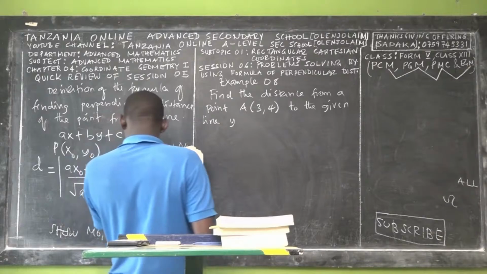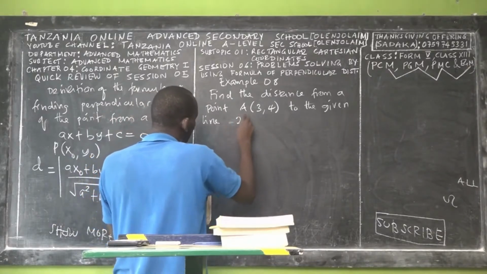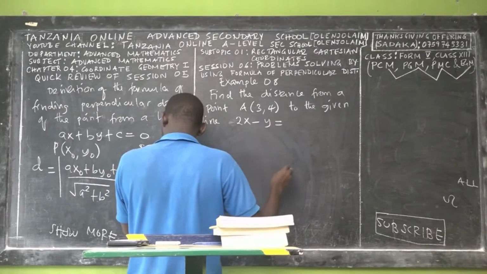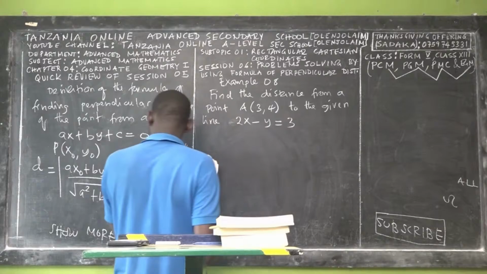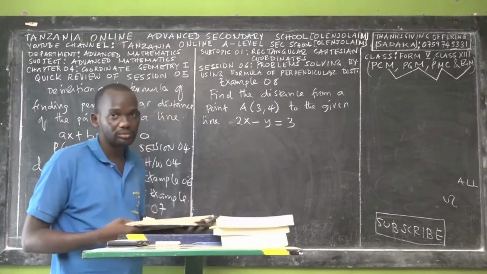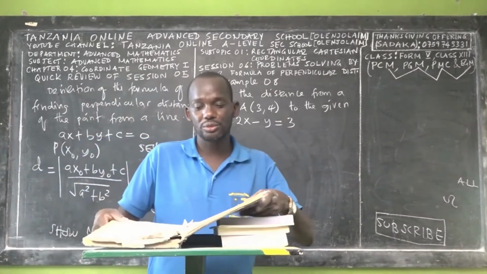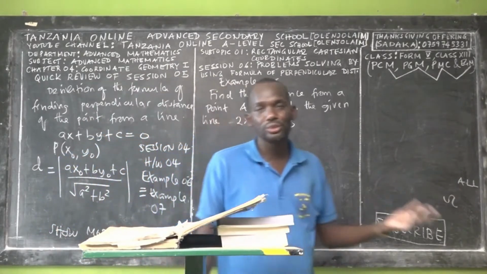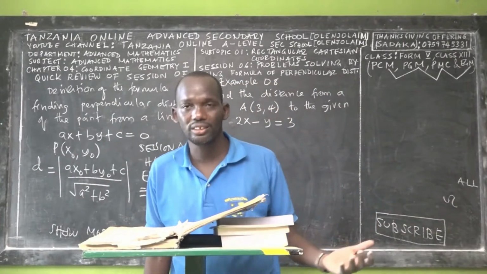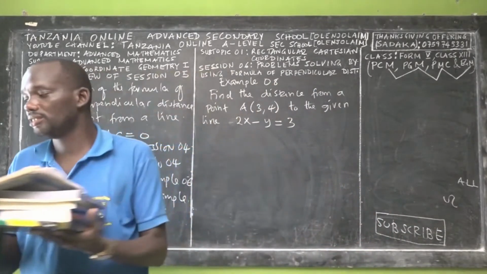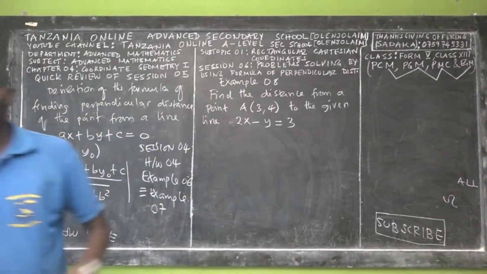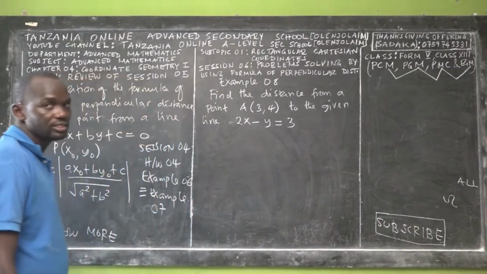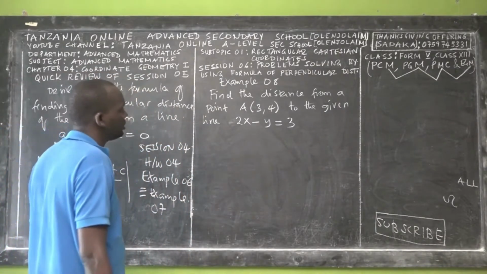This given line is 2x minus y equals 3. The question didn't limit us to using the perpendicular distance, so we have freedom. You can use the concept I taught you in session 4, or you can use the general formula of the perpendicular distance of a point from a line.